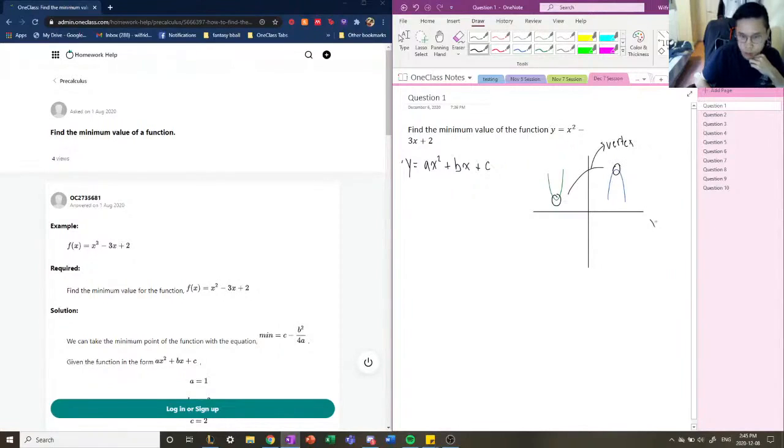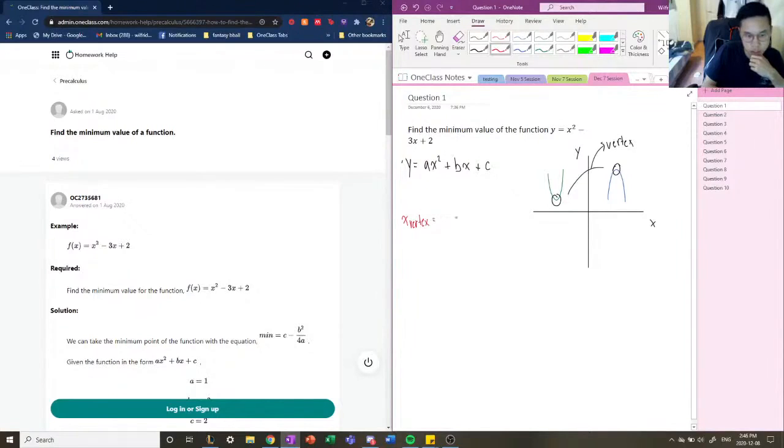There's two ways to do this. Well, essentially, there's actually three ways. The first way is that you can graph your parabola, and you can visually locate where the minimum value is. The second way is that you can calculate the coordinates of the vertex by first finding the x coordinate of the vertex, and that's given by this equation here.